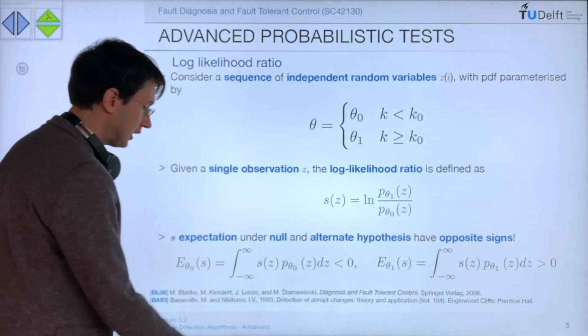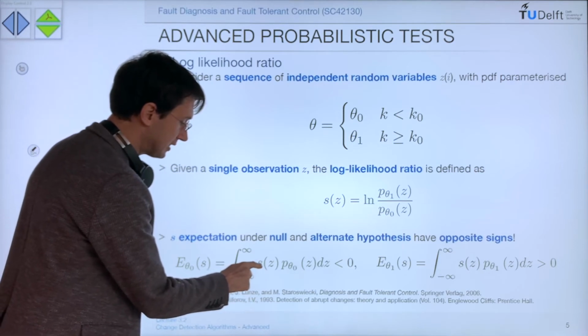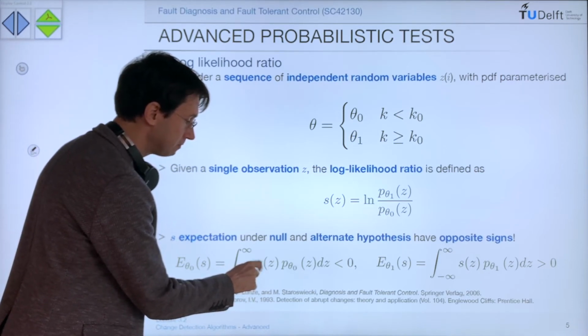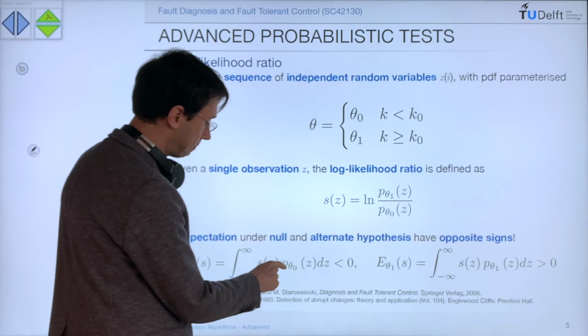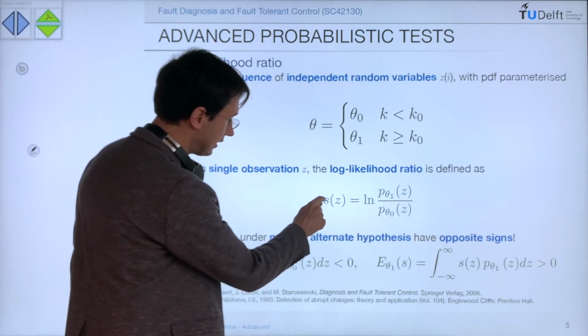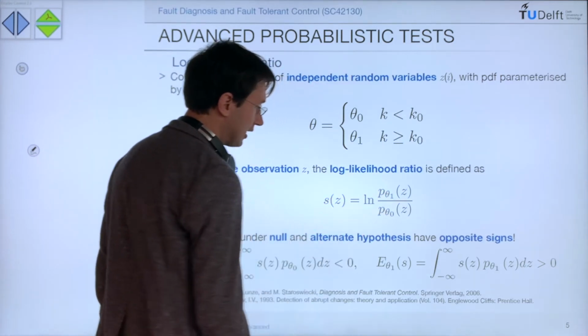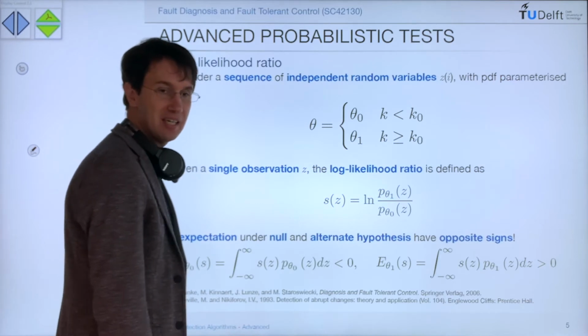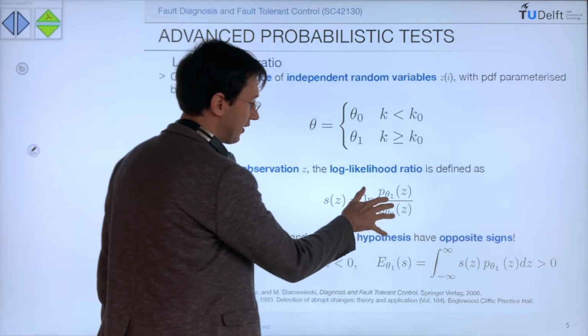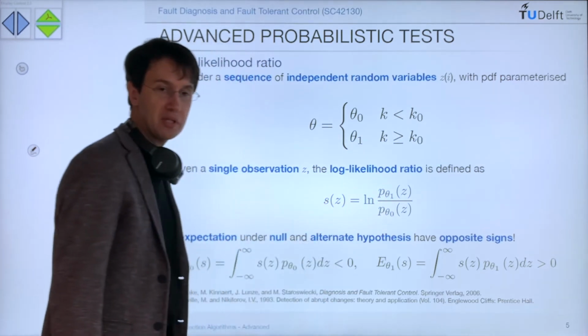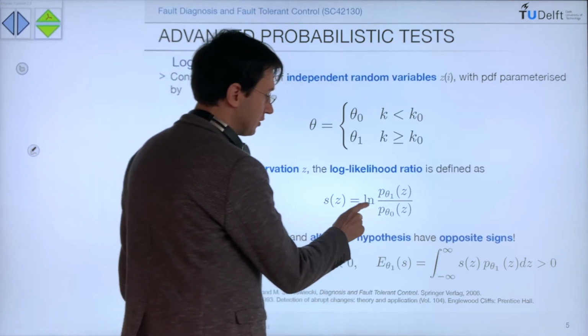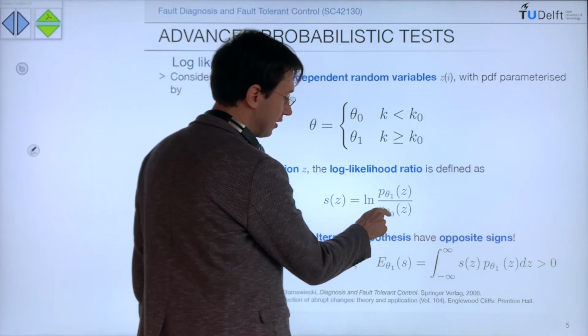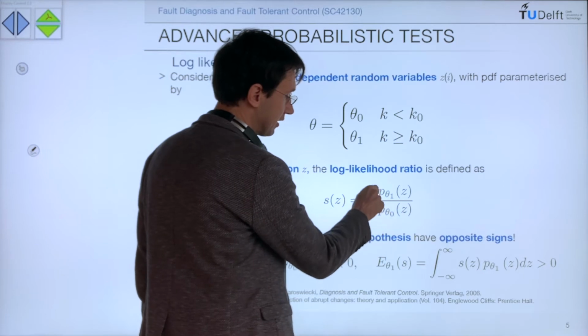Why? Because let us look at S here. If you are under the null hypothesis, S is going to be the logarithm of a ratio which is smaller than 1. Why? Because under the null hypothesis, the probability here is higher than the probability here.